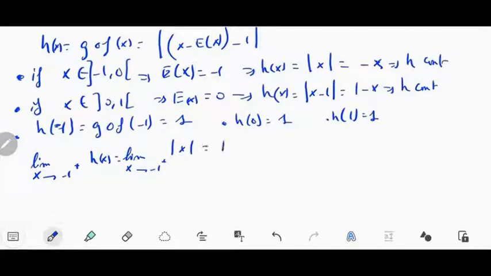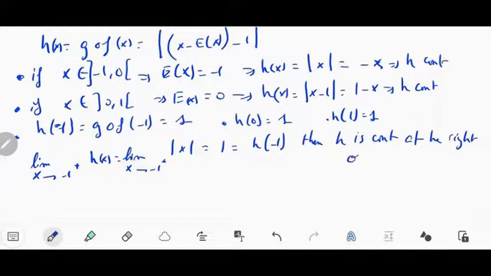So this is equal to 1, and it's equal to h of minus 1. Then h is continuous at the right of x equal minus 1.